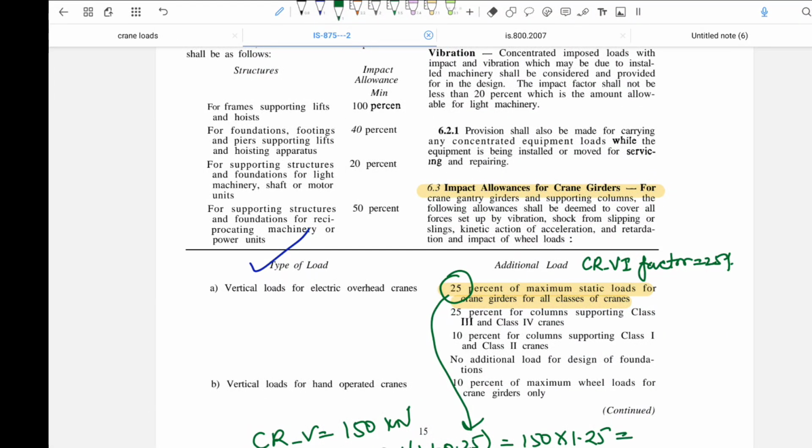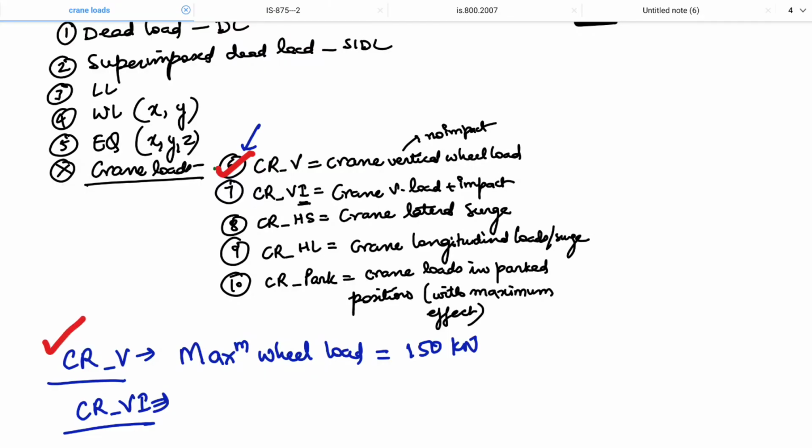This is how you have calculated. We have CRV already calculated. We have CRVI. CRVI is 150 into 1.25. So this can be 187.5 kilonewton.